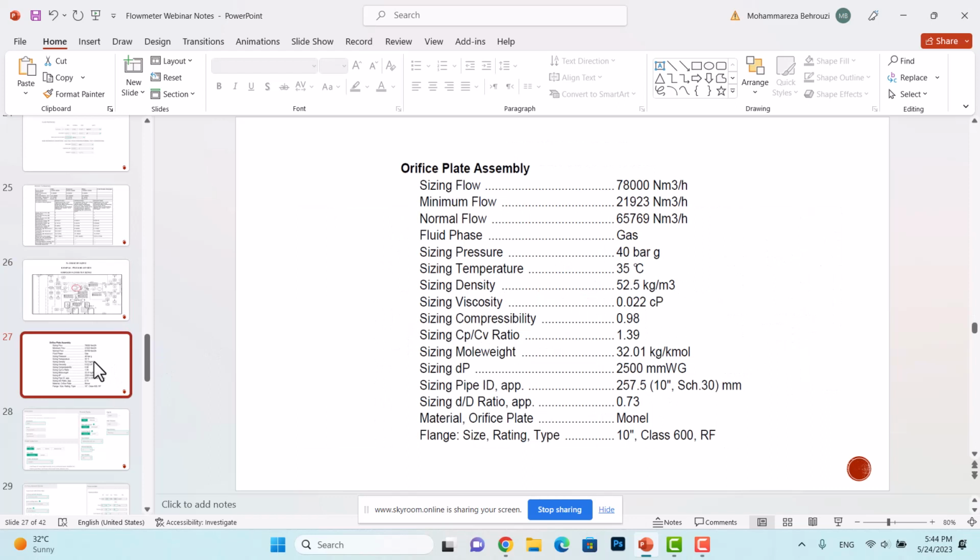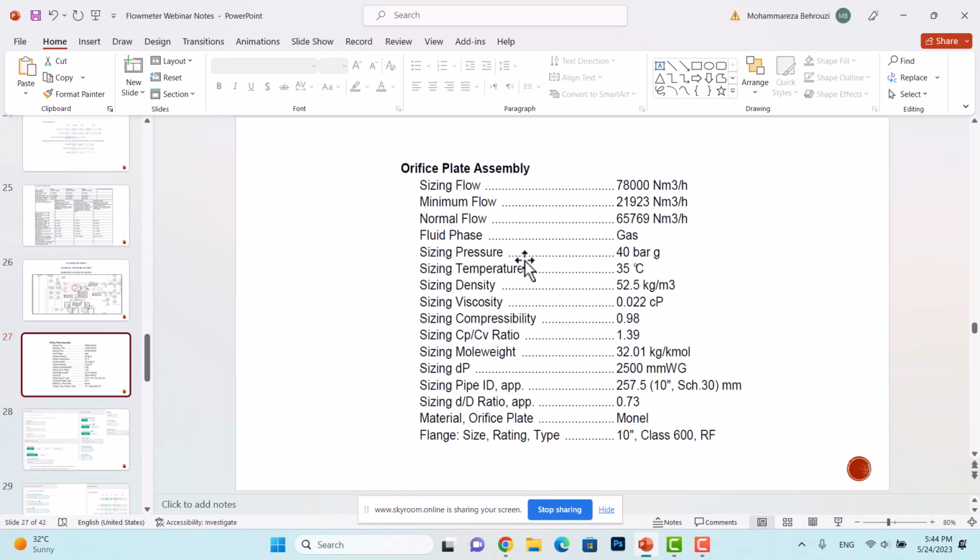Now let's have a look at the properties and operating conditions of the fluid. The maximum flow is 78,000 normal cubic meter per hour. The minimum flow is 21,000 normal cubic meter per hour, and normal flow is 65,000 normal cubic meter per hour.